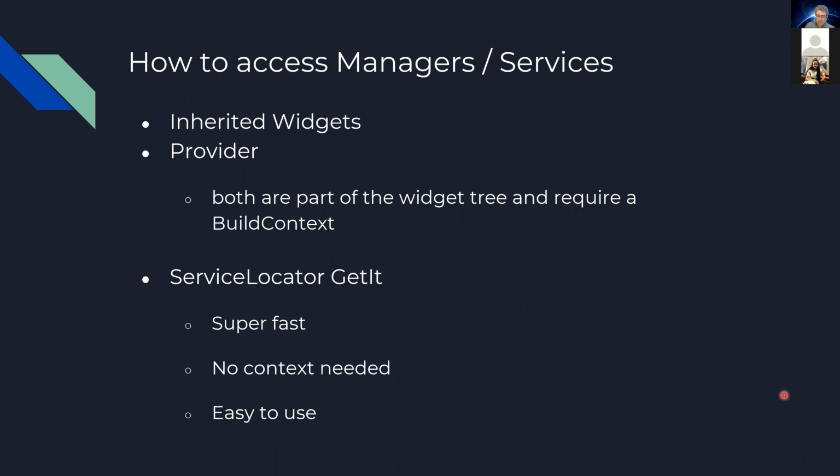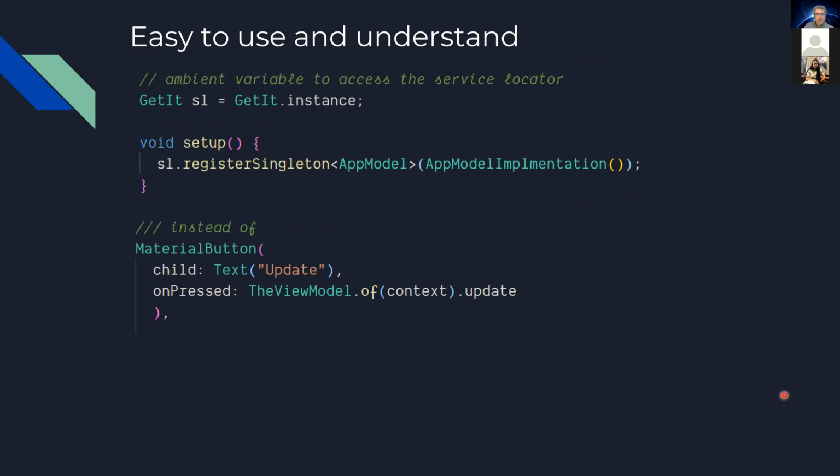How to use it, we see in a very basic example. For example, we have a class AppModel, where our app data and business logic are. I want to use it later on, so I can register it as a singleton.